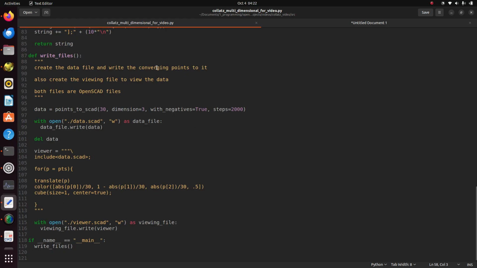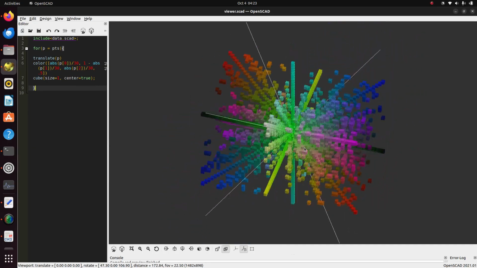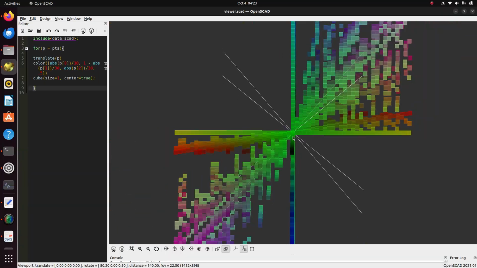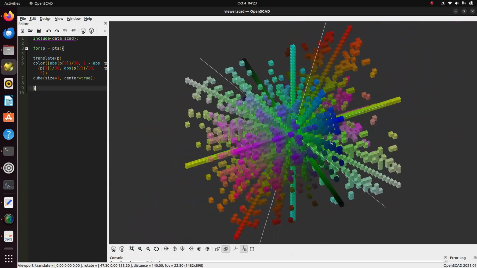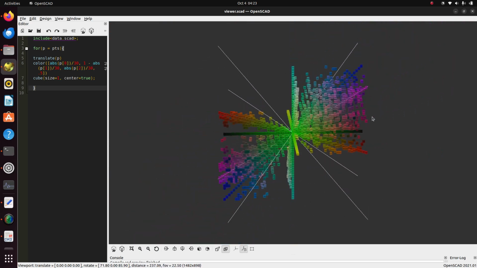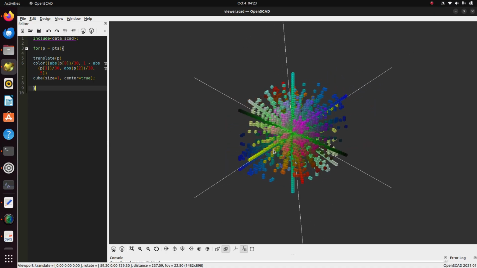So this is just, I think, boilerplate code to create the OpenSCAD files for viewing. So this is the three-dimensional one. And I'll put the viewing files on GitHub if you want to download them and see for yourself, as well as the Python code.